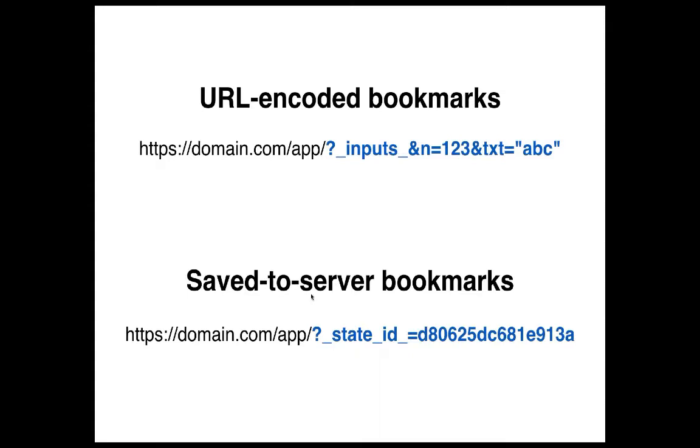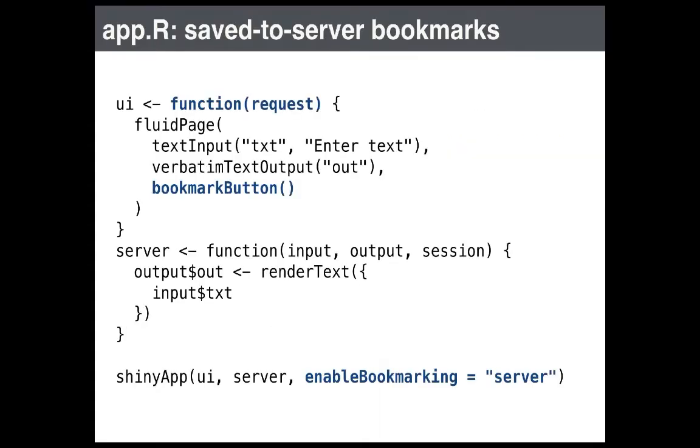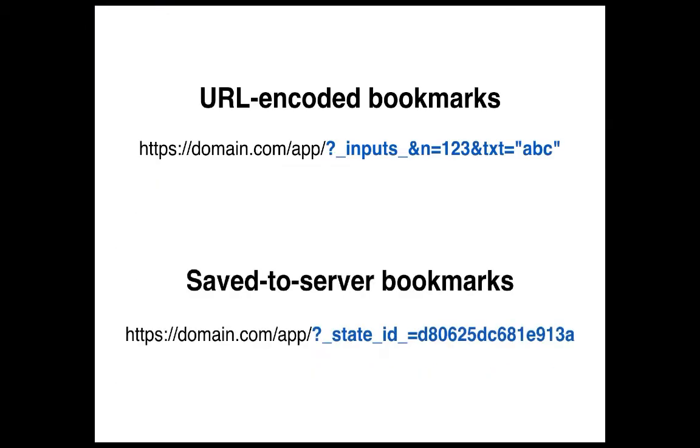So when you want to send a URL to somebody with that state, the URL just includes this part that says state ID equals, and then whatever that unique ID is. All right, I'll talk about some of the differences between these two types of bookmarking in just a bit.